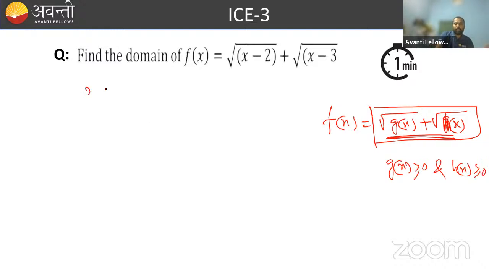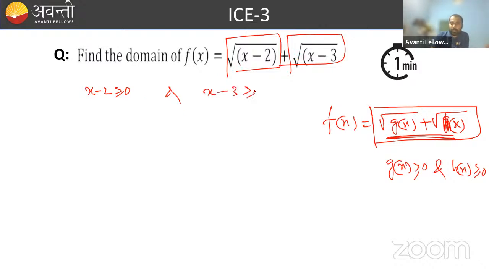One is x minus 2 is greater than or equal to 0 and x minus 3 is greater than or equal to 0. Why am I taking 'and'? Because this is one function and this is another function, so the domain of the sum of two functions will be A intersection B. By solving these two inequalities, what are we getting? x is less than or equal to 2 and x is less than or equal to 3, right?